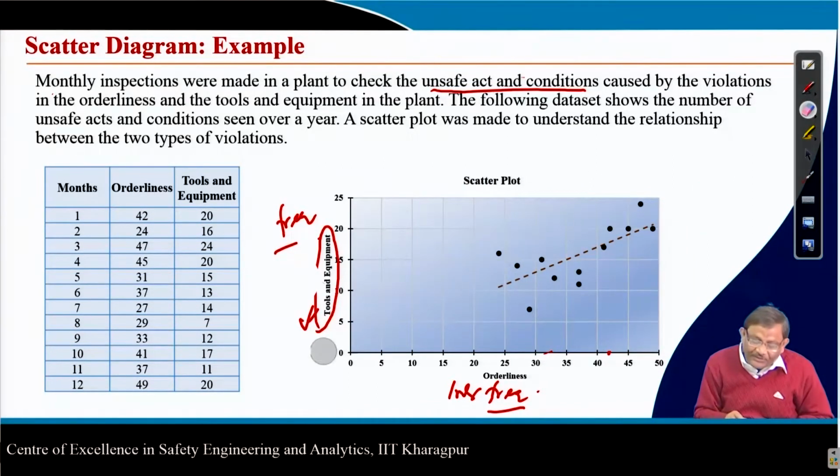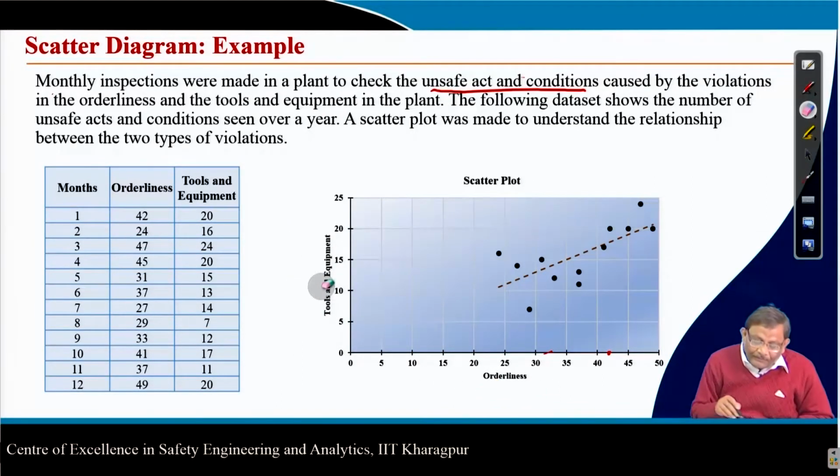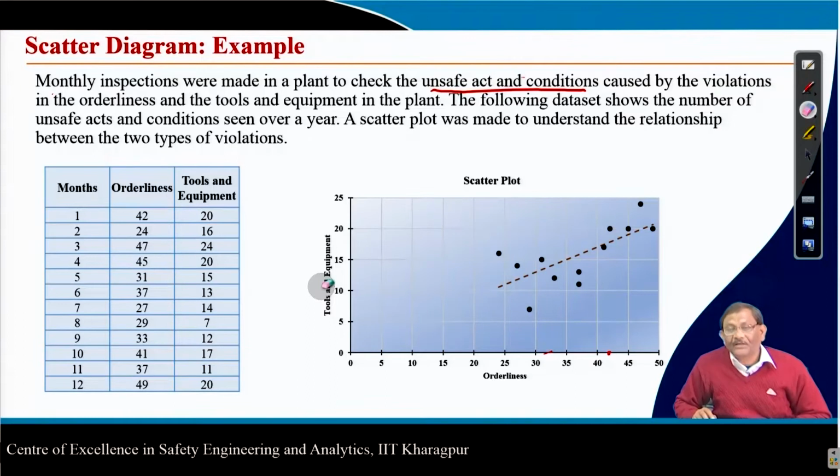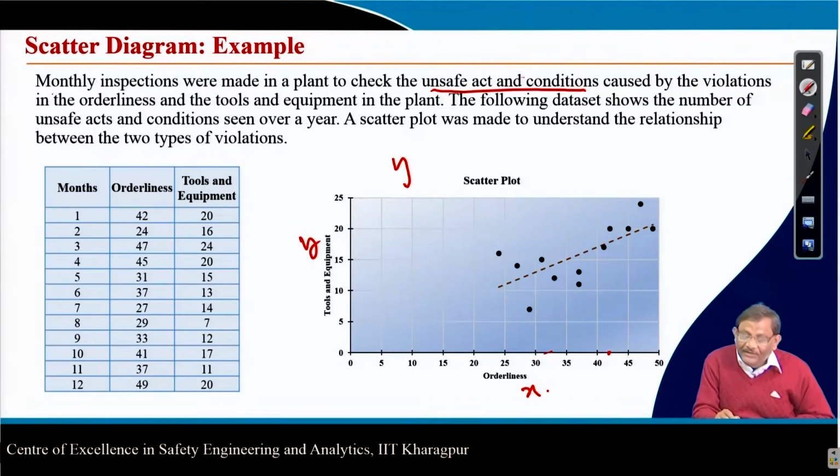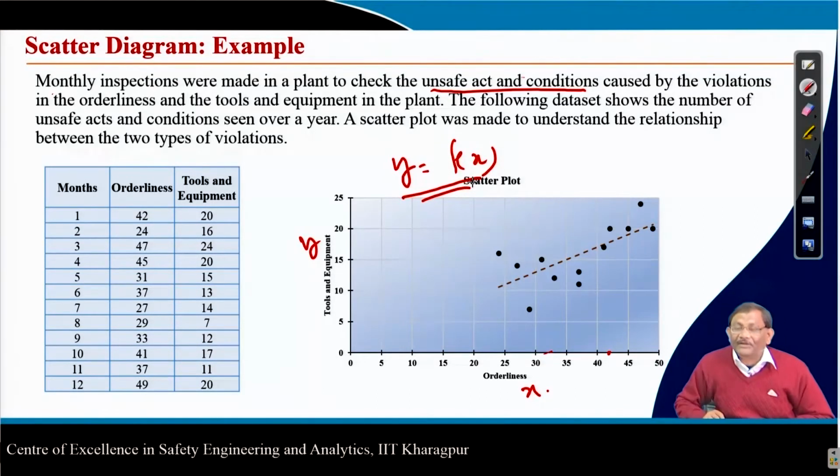Suppose you want to do simple regression, to see whether violation of tools and equipment is a result of violation of orderliness. Then you can think that this is y and this one is x, so y is a function of x.